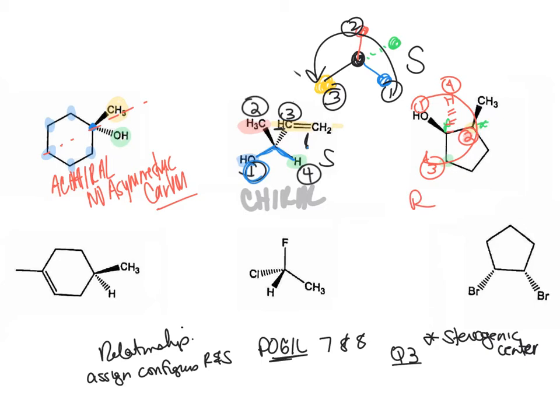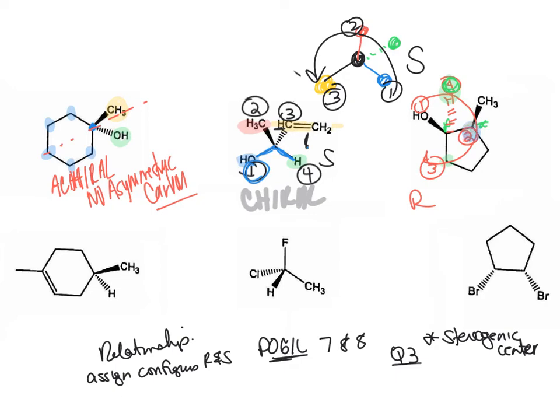Now, I'm going to make sure that it is. Okay, so I'm going to put green in back. I'm going to make that hydrogen green. I'm going to keep with my same color. I'm going to make my 2 blue. Okay, so this is blue.